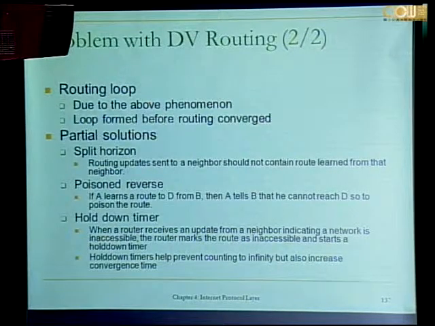But because of the slow convergence, can we give up distance vector and use the Dijkstra algorithm in the backbone routers? No, you better not, because the backbone is too large to be calculated by Dijkstra.